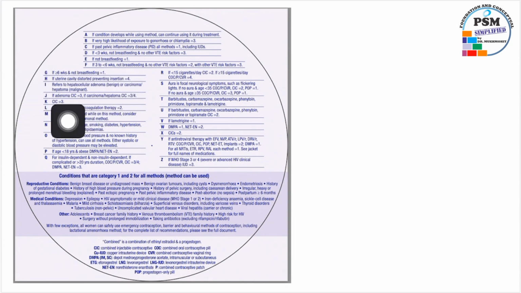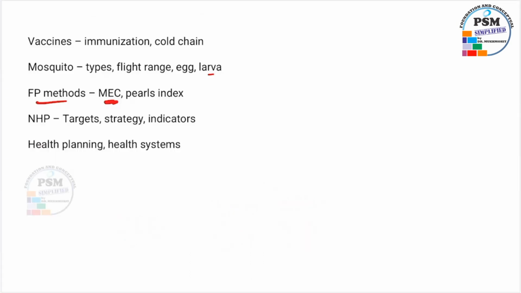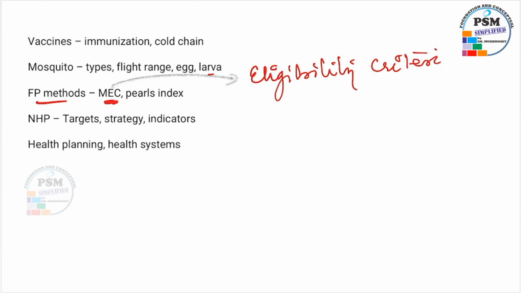In those situations, we are not using this contraception. MEC generally tells you the eligibility criteria for contraception. That is the MEC wheel. Pearl's index, you should be knowing, is per 100 women years.